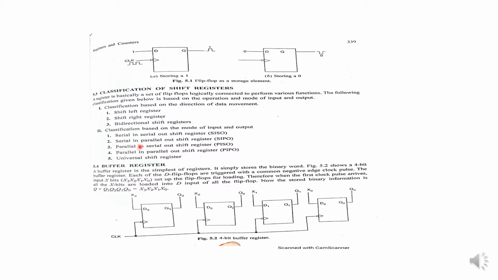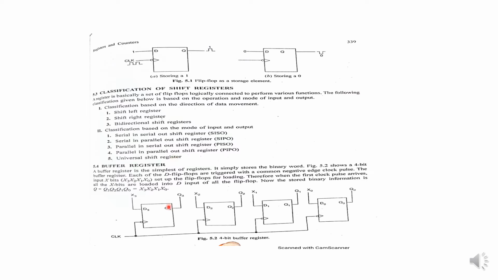Next is parallel in, serial out shift register, that is PISO. Parallel in, parallel out shift register, PIPO. And universal shift register. A universal shift register will do serial in, serial out, serial in, parallel out, parallel in, serial out, and parallel in, parallel out. Everything it will do with the help of the universal shift register.